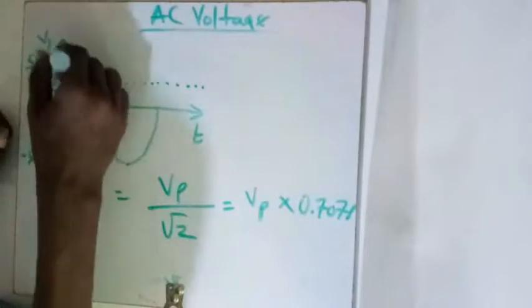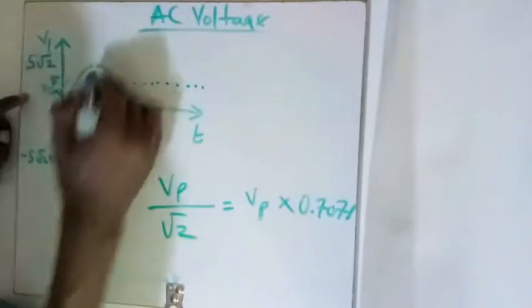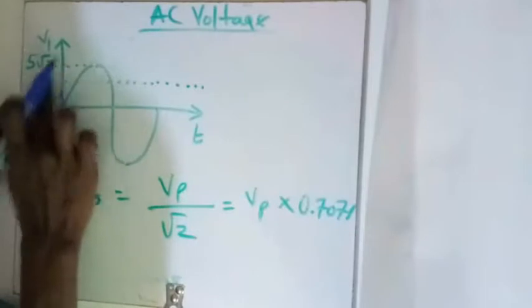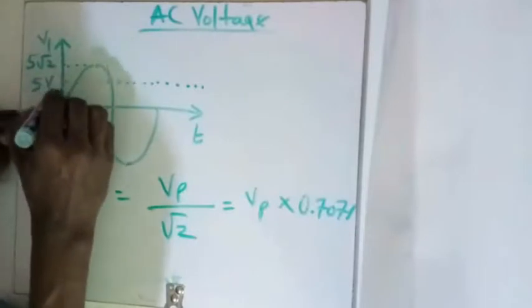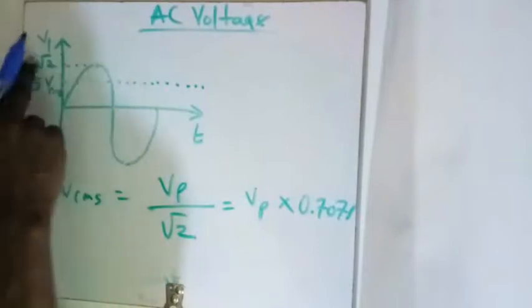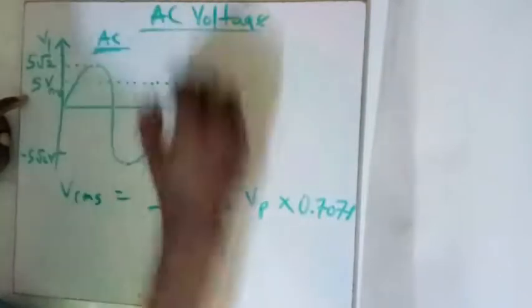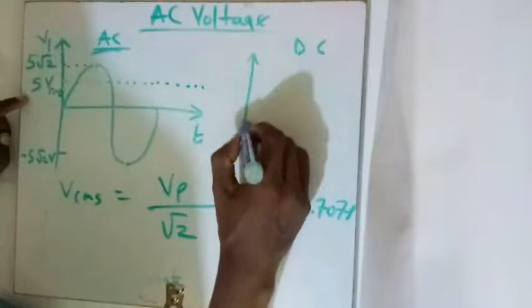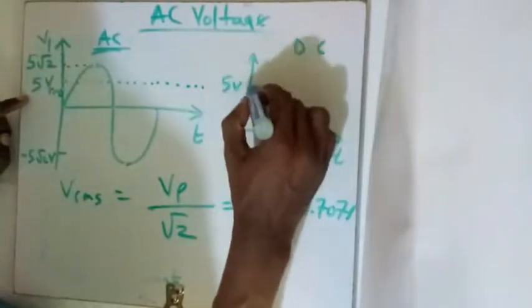So basically, if you're applying 5 root 2 volts as your V peak, it's as if you are applying 5 volts RMS. So I can replace a 5 root 2 AC waveform with a DC waveform of just 5 volts.